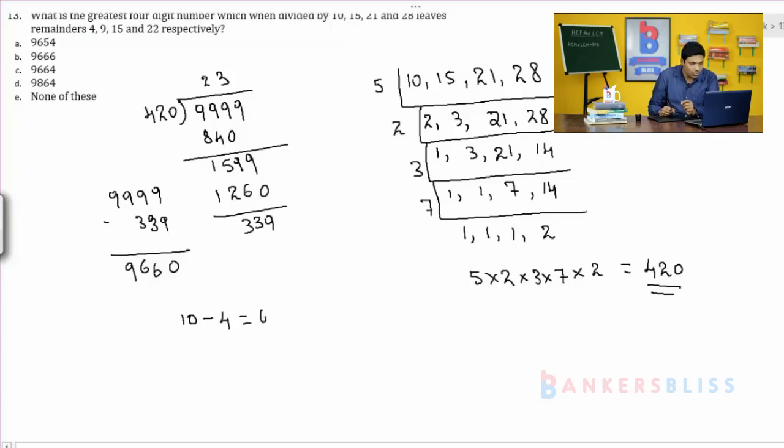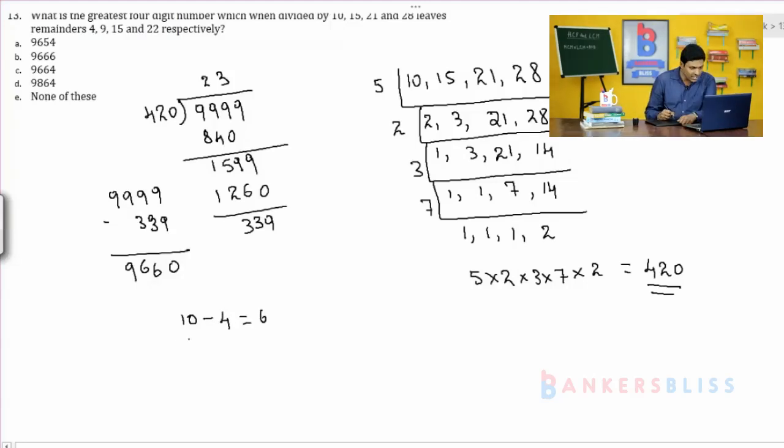So 10 minus 4 is 6. Next, 15 minus 9 you will get 6. Next 21 minus 15 you will get 6. Next 28 minus 22 you will get 6. So 6 is the common number which you are getting.